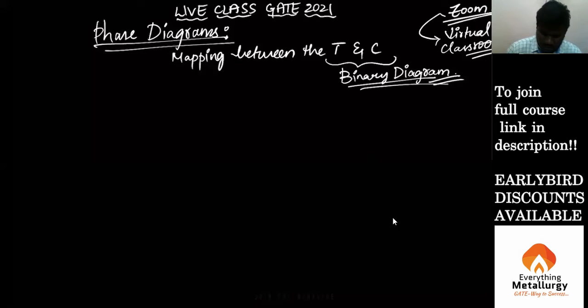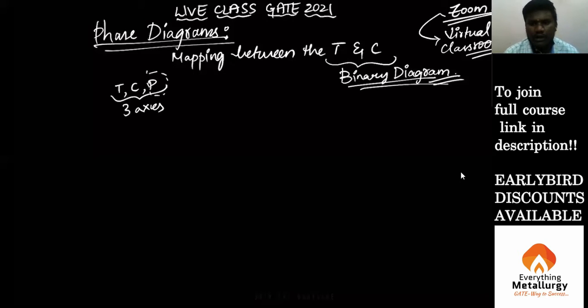If you want to draw between temperature, composition and pressure, you have to have three axes. Usually on paper you cannot draw three-axis diagrams, so we usually take pressure to be constant and we draw.